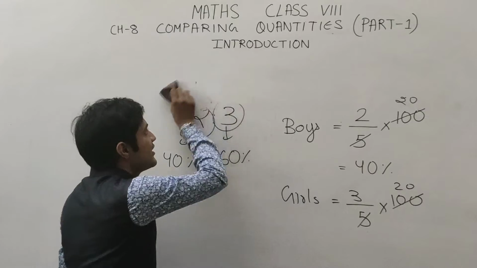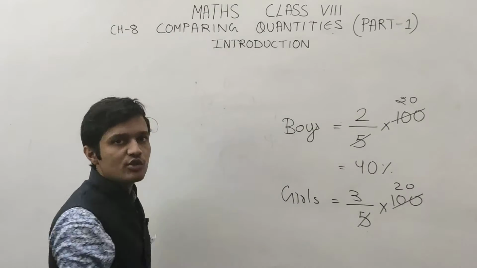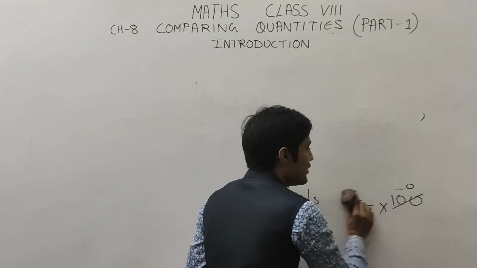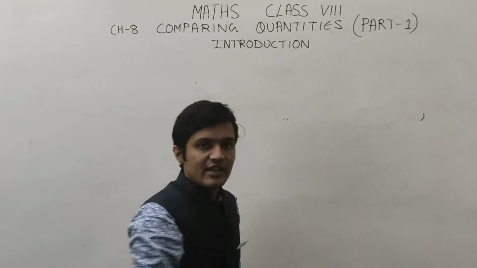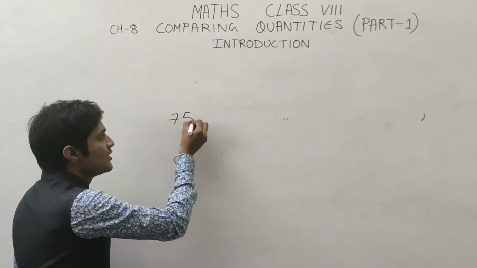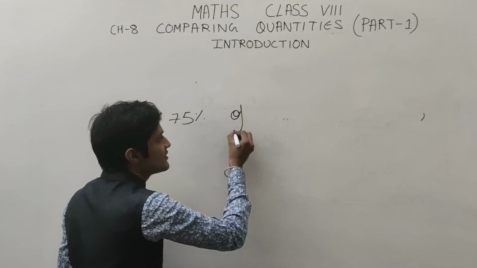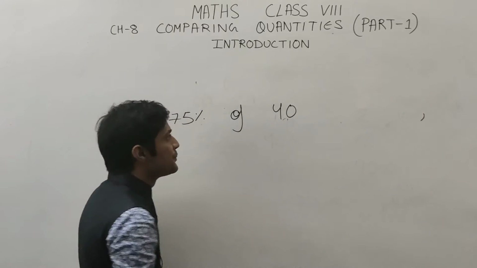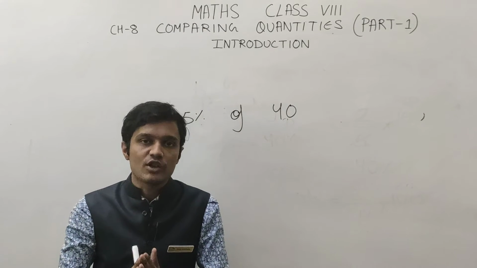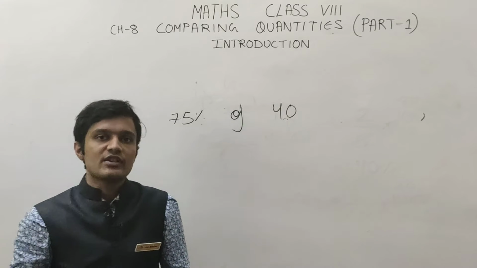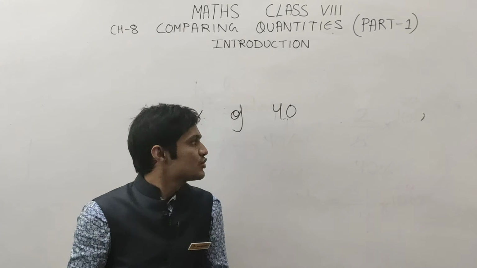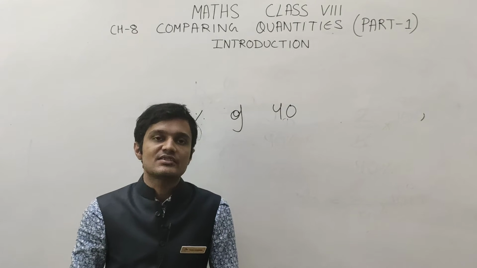Okay. One more thing, if you want to find out a certain percentage of a given number, for example, if a question comes like this, find out 75% of 40. If someone asks to find out 75% of 40, we can say that out of a test, a student scores 75% marks and the total marks of the test are 40.